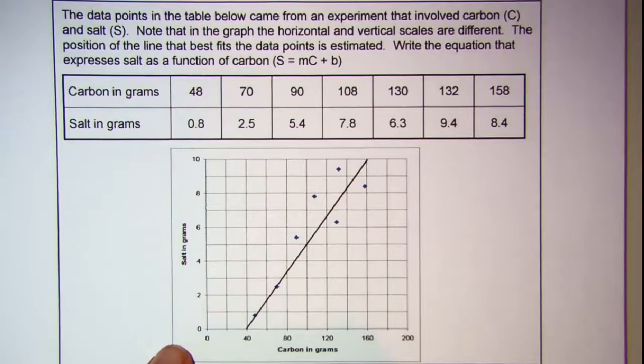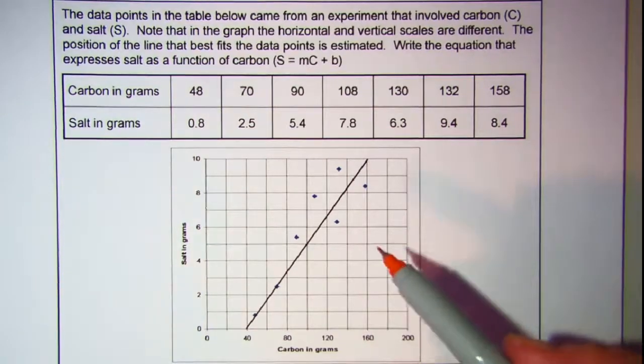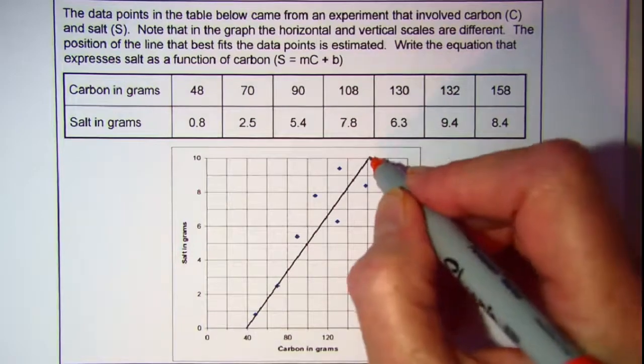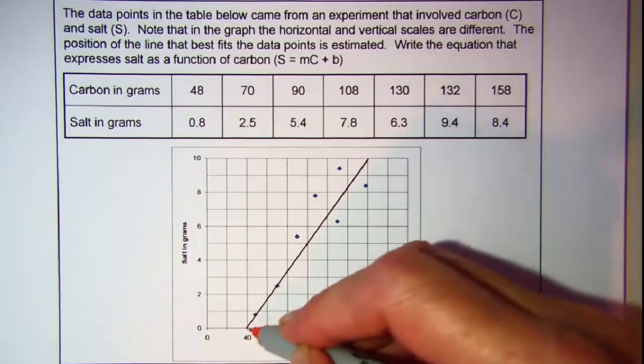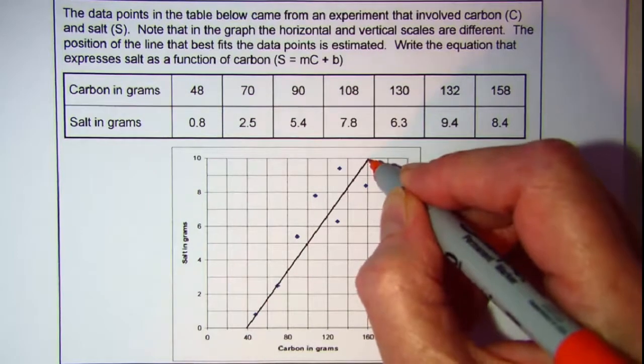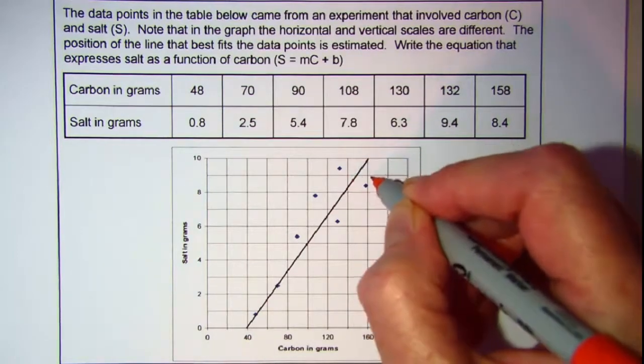Okay. Now our first step that you copied down was to pick 2 points on the line of best fit. To get the most accurate equation, we want to pick our points as far away from each other as possible, and we'd like for them to be on corners of these little boxes.